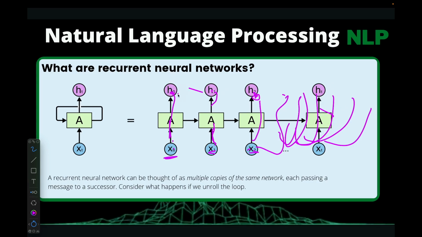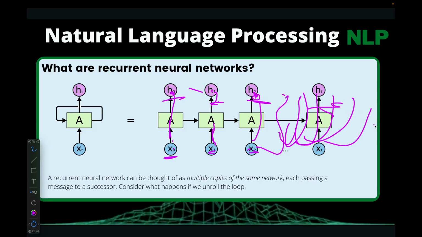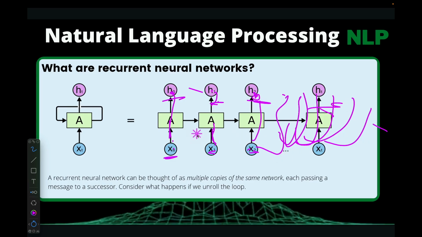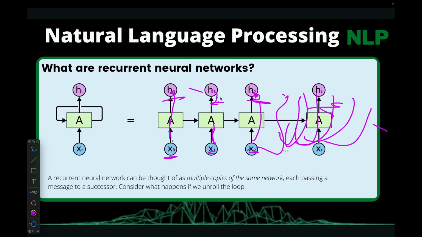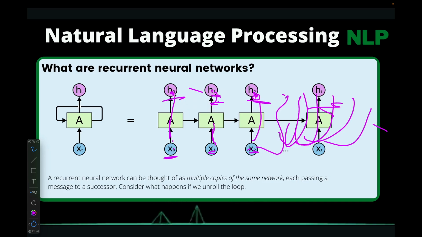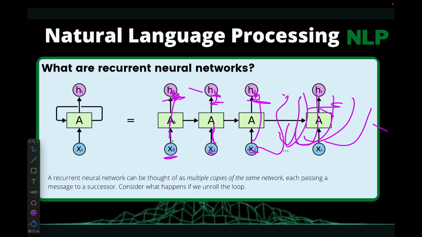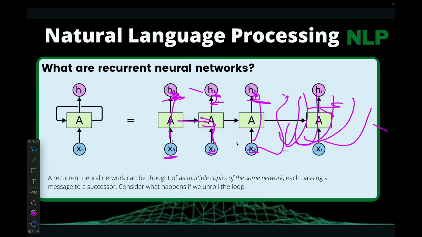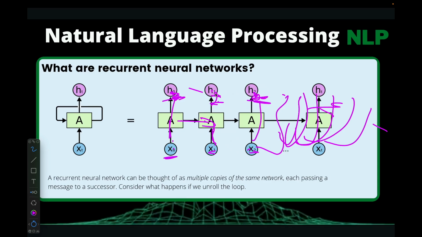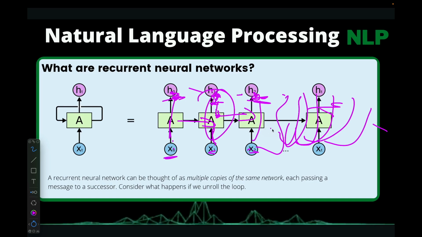To keep on doing that kind of loop and getting an output for us: output 0, output 1, output 2, output 3, like that. In order for you to get output 1, you need the information from output 0 to be fed to this. In order to get output 2, you need the output from this state to feed to this part.